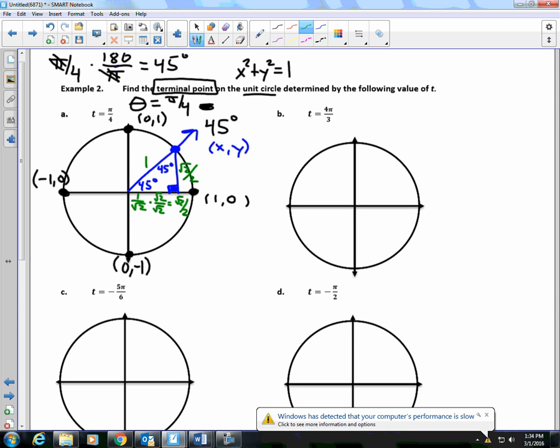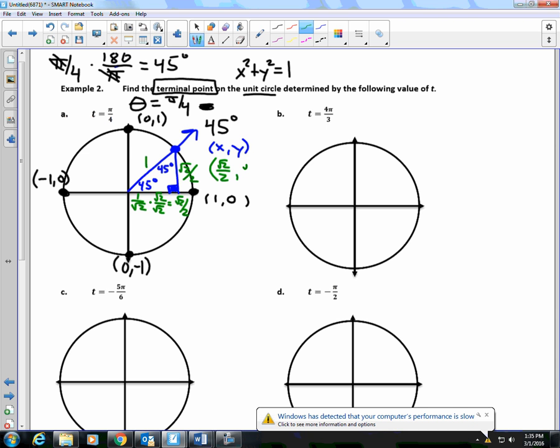So, we now have enough information to determine the location of the terminal point. The x value refers to how far over I go to get to that spot. What is this distance right here? Square root of 2 over 2. What is this distance right here?